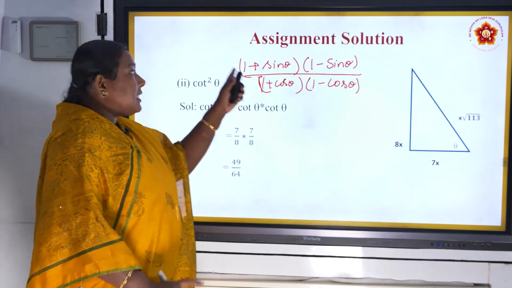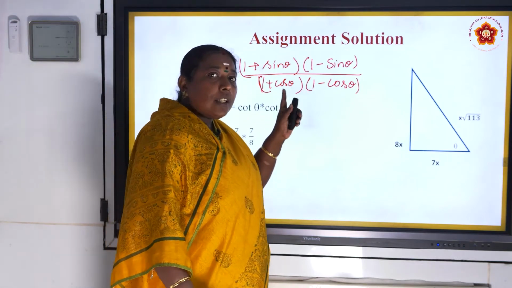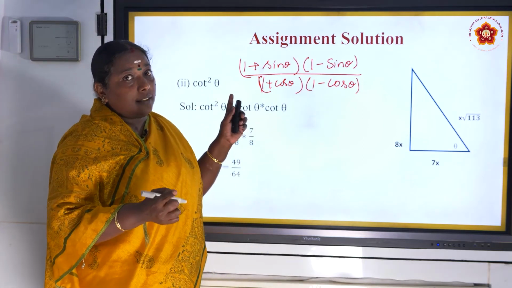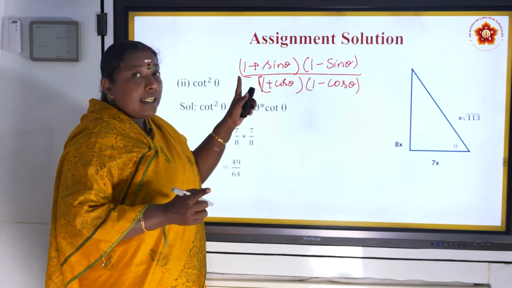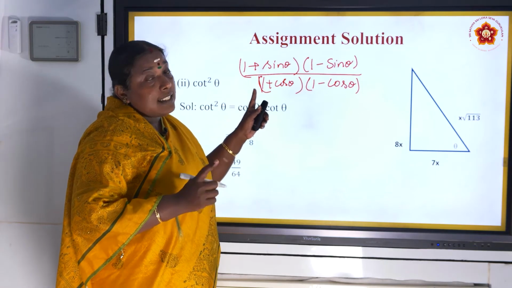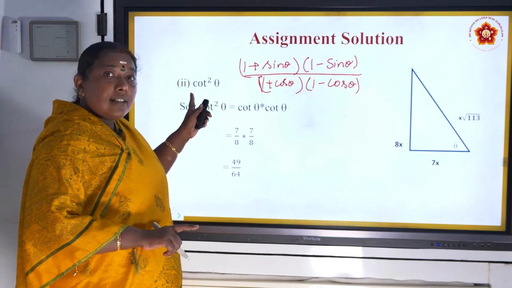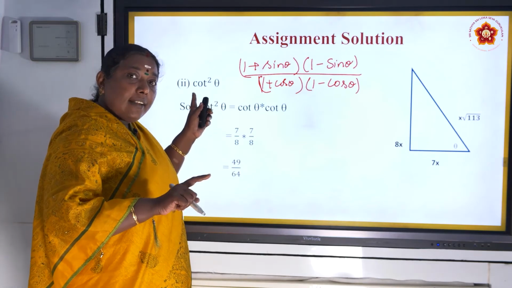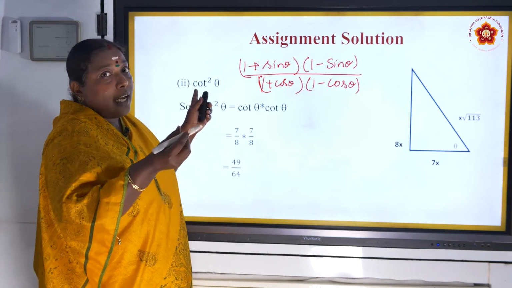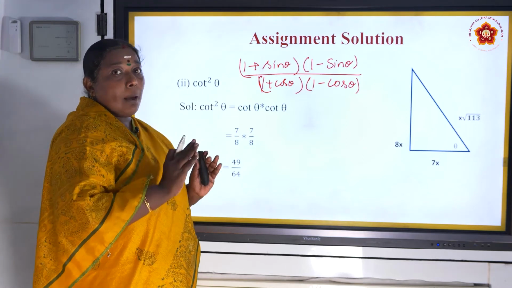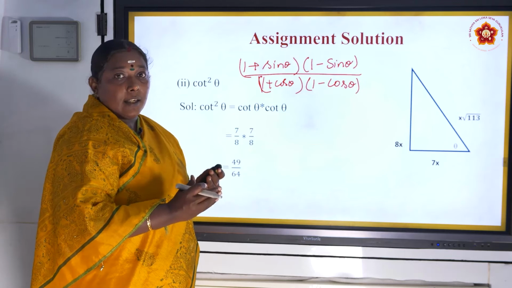Because sine I can relate to cosecant. Cosecant is the inverse of sine. Secant is the inverse of cos. Cot is the inverse of tan. Tan is related to sine and cos. Here all the 6 ratios are interrelated.